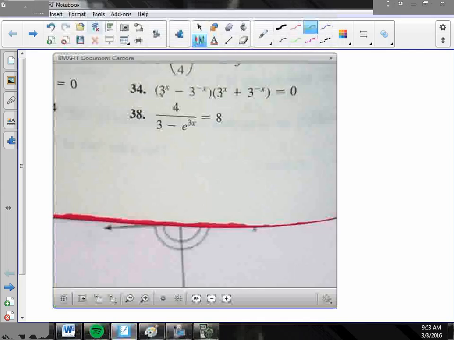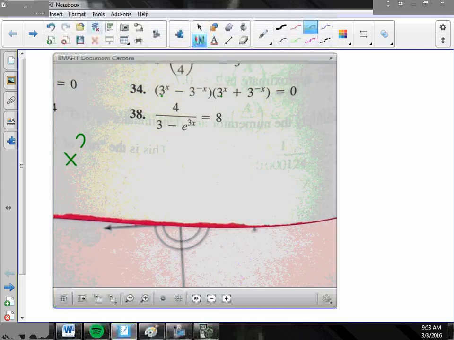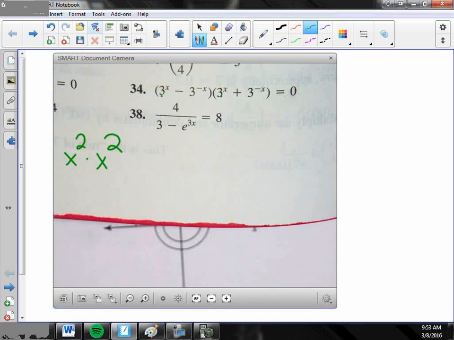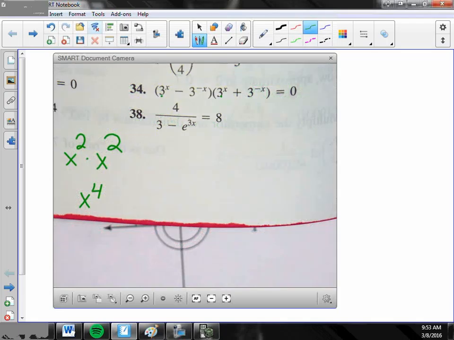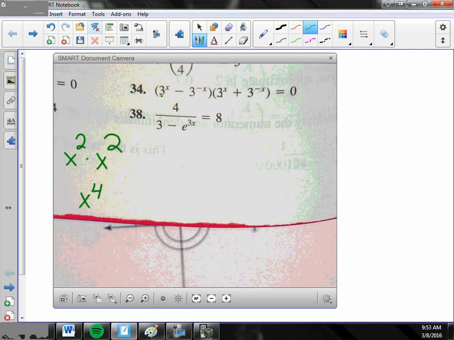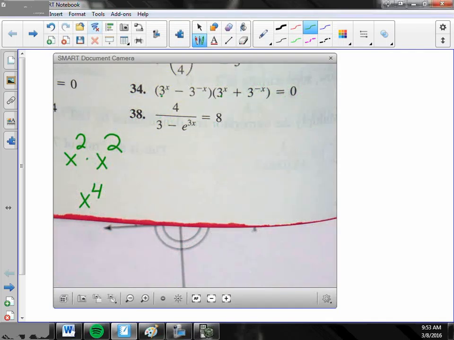So if I had x squared times x squared, that would equal x to the fourth. So the bases don't change, but the exponents add together.